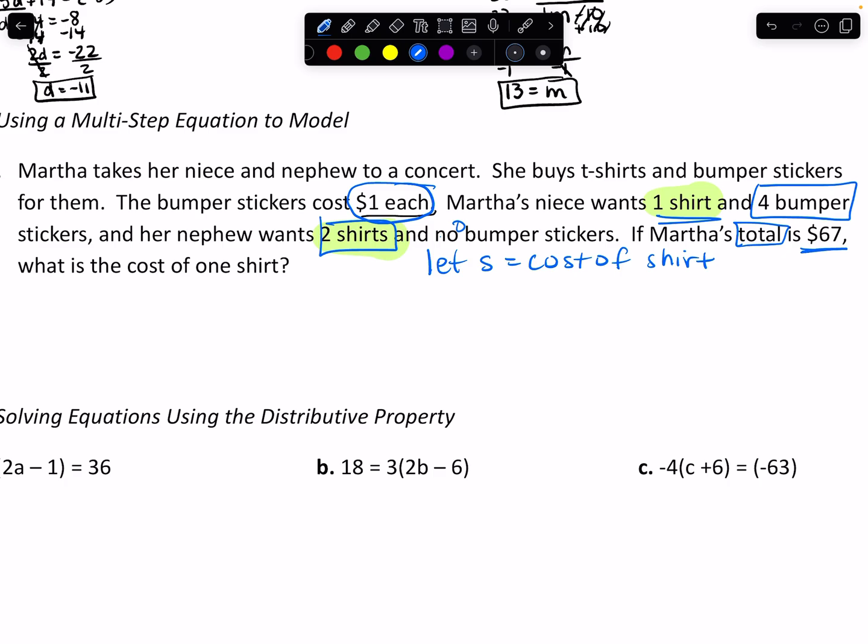The information that we have is that the total is going to equal $67. So let's just break it into the niece. The niece wants a shirt. We're going to represent shirt with S. And she wants 4 bumper stickers. And we know those cost $1 each. So I can write 4 times 1. Whoops, not 4 times 4. 4 times 1.